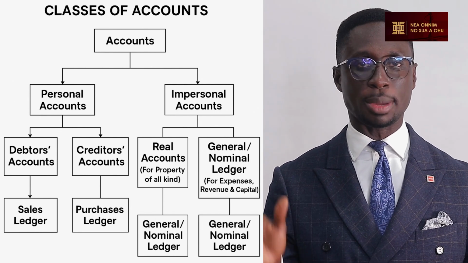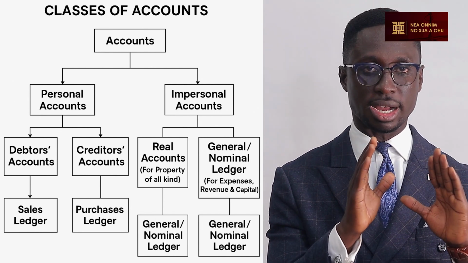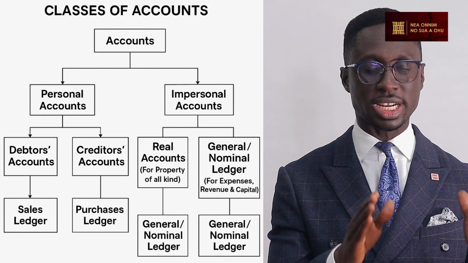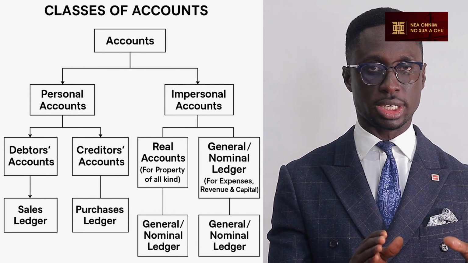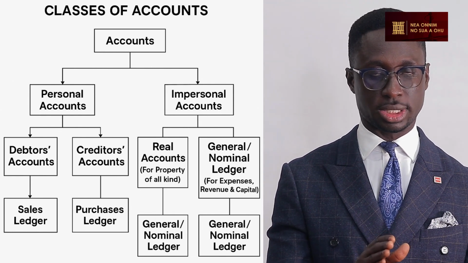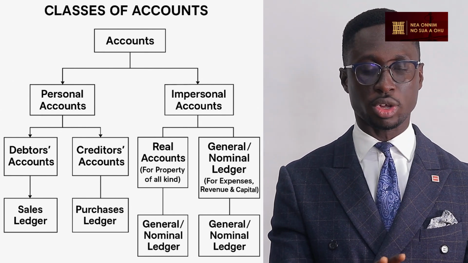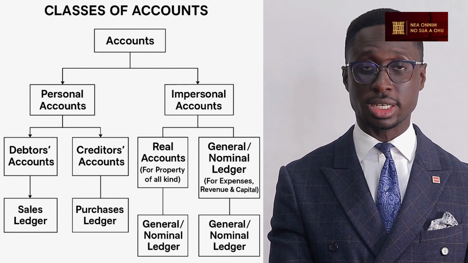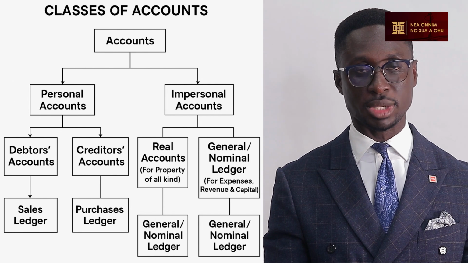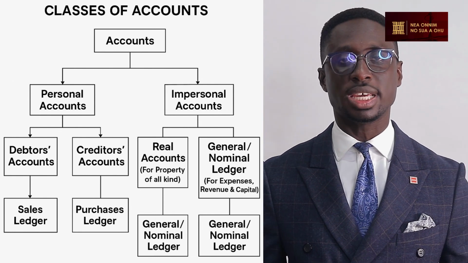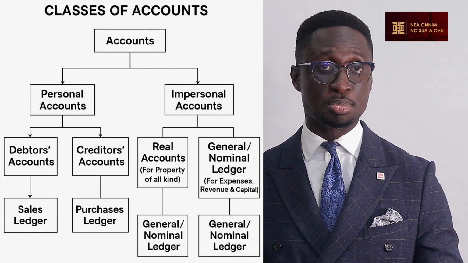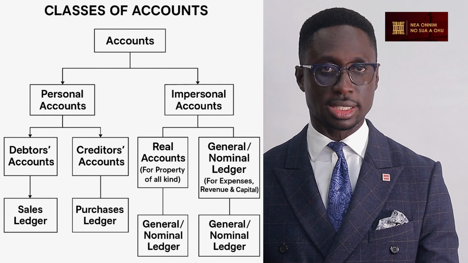Good. So on the personalized or personal account, we flow down through the debtors account, which sits in the sales ledger, and then we flow down, on the right side, through the creditors account, which sits in the purchases ledger. Good. Now let's look at the impersonal or impersonalized account.